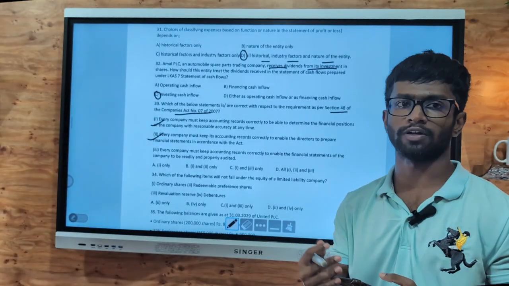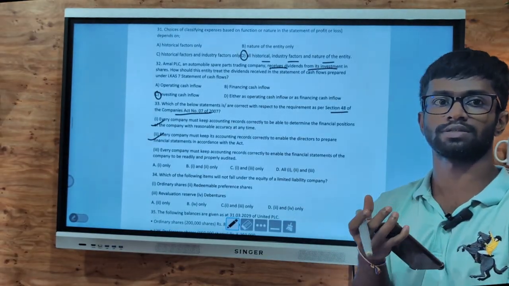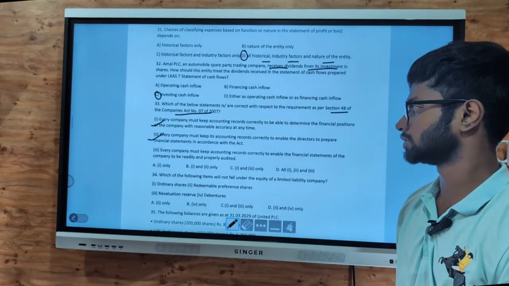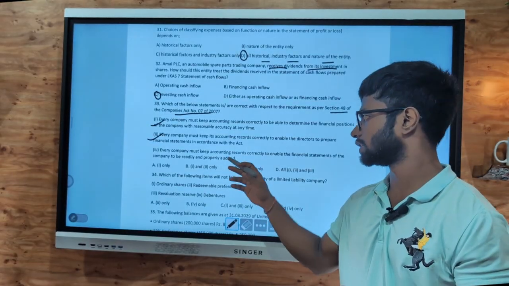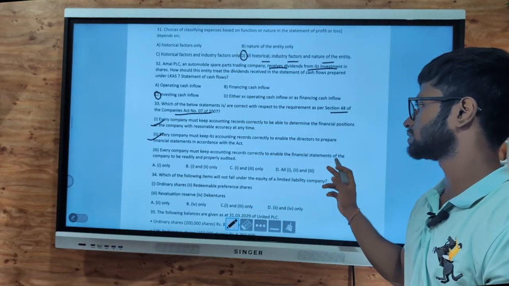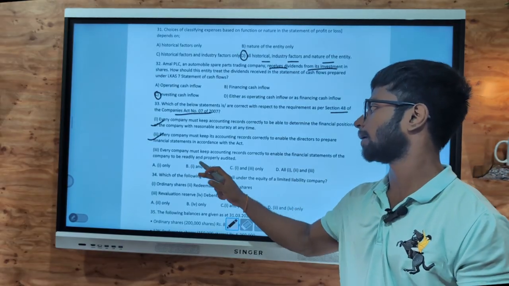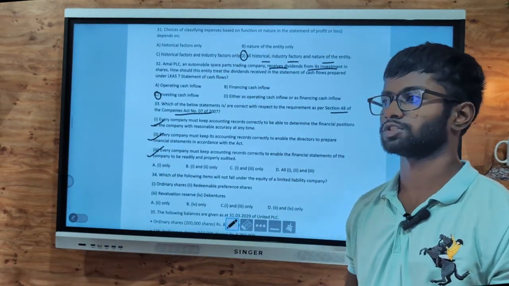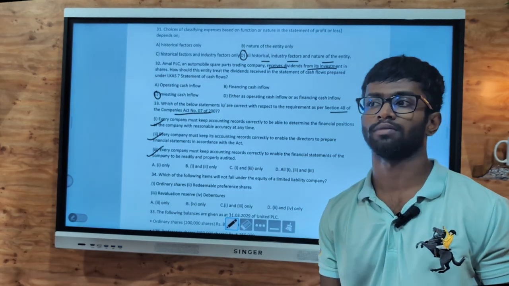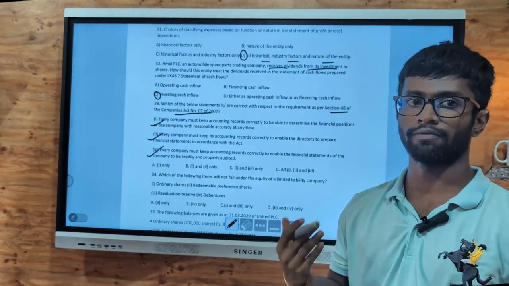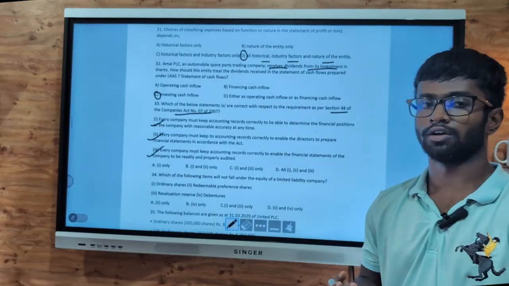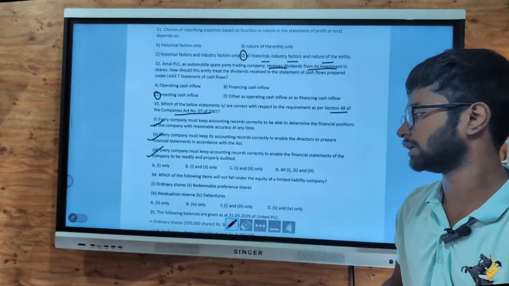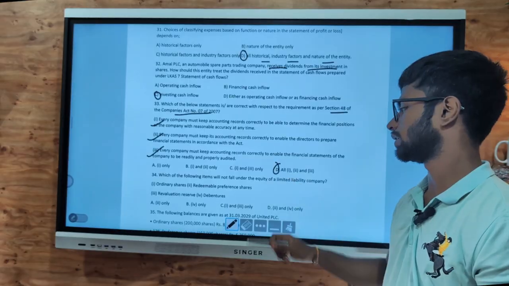Yeah, the main responsibility of preparing financial statements sits with the directors. So they are also responsible. That also you can take. Every company must keep accounting records correctly to enable financial statements of the company to be readily and properly audited. So that also you can take. So all financial statements you need to have by doing an audit and keeping it readily available. So it should be answer number B.